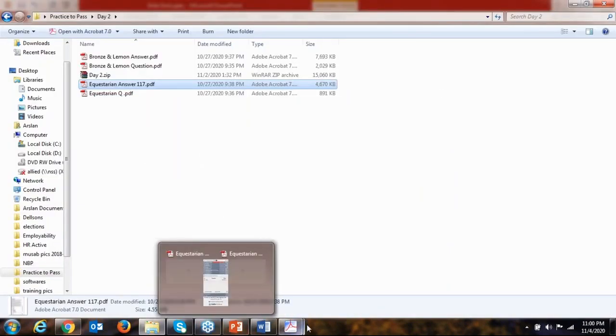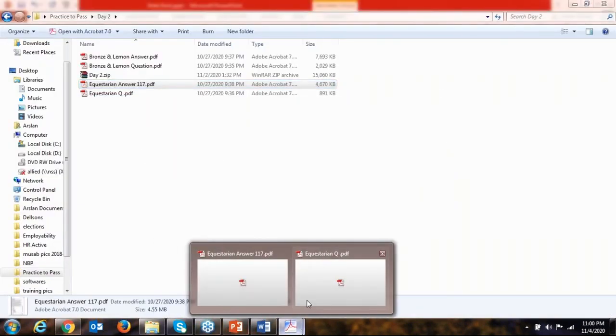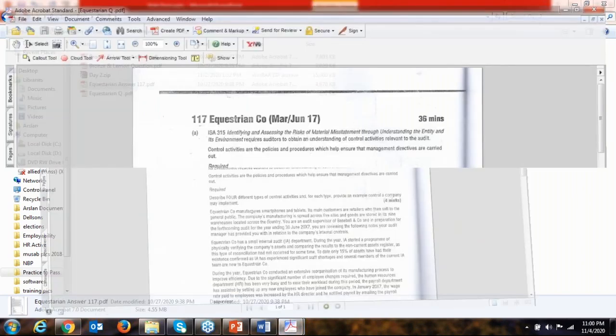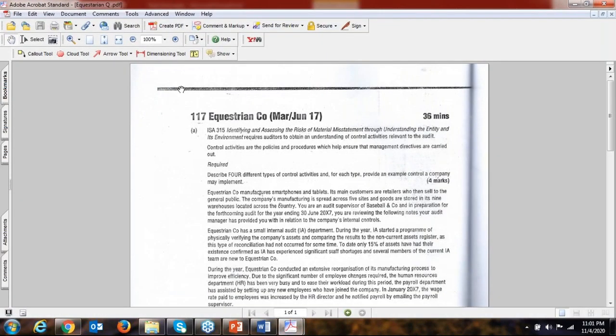So what do we need to do first? That is the reading of the requirement. Strength is increasing. We will wait a further 30 to 40 seconds maximum.